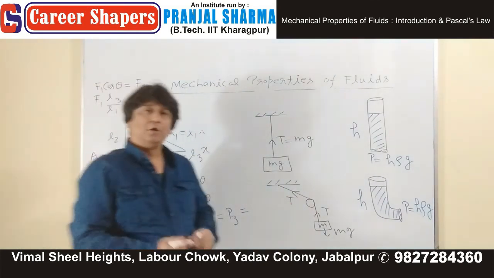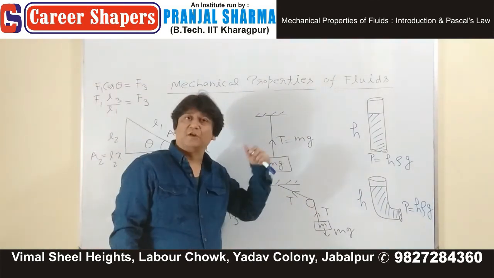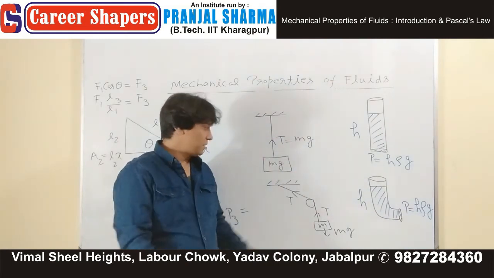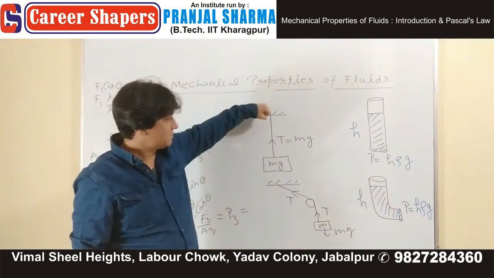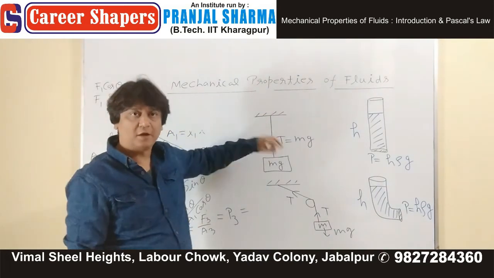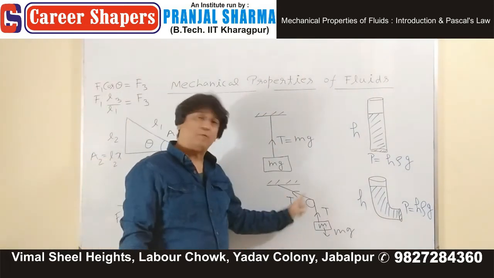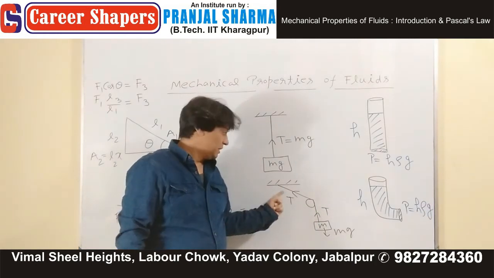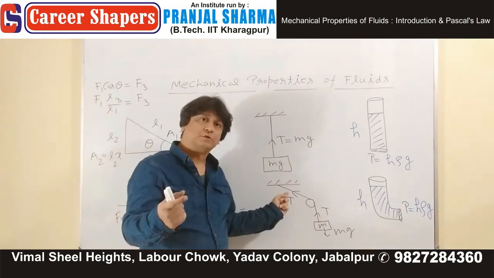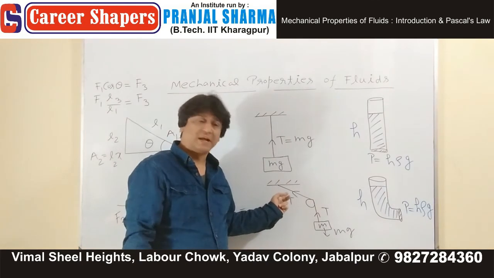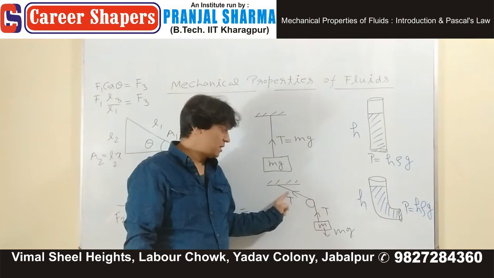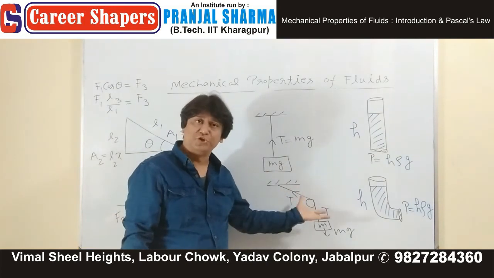T. The rope is just like a fluid. It can reshape itself. So whether you hold this mass vertically, straight, or with the rope, with the help of a pulley, in this arrangement, force remains the same. T is balancing mg. Everywhere T is coming, mg only.